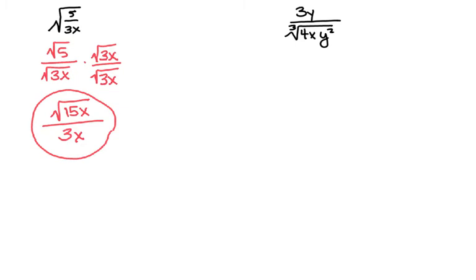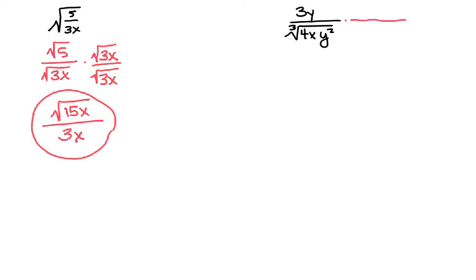Now this one's a little more complicated. We have to multiply outside of the radical because we have to multiply both numerator and denominator, and they're not both under a radical sign. So we have to multiply by whatever is going to end up giving us perfect cubes. Okay?